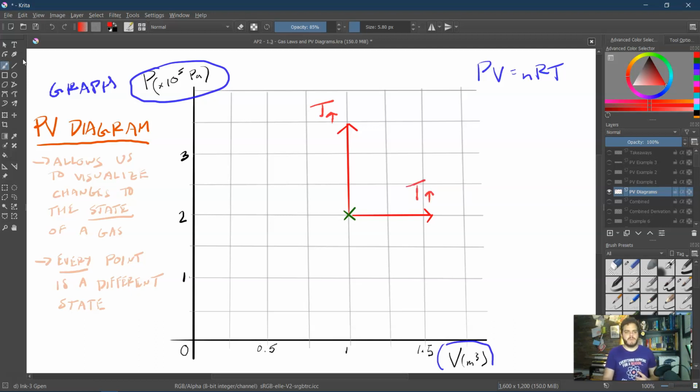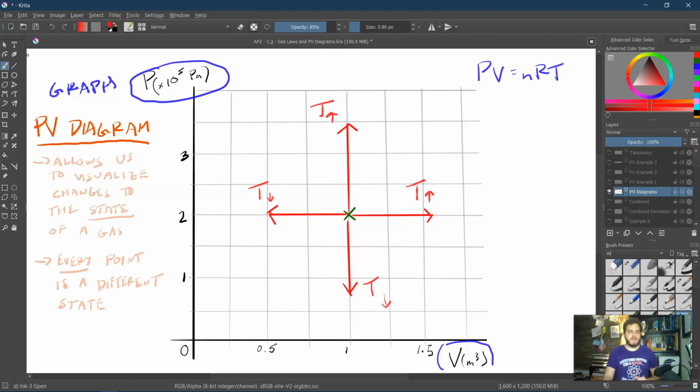Let's go the other direction. Let's say I go from here this way, and now the volume is decreasing, the pressure stays the same, so now temperature goes down. And if I go downward from this point, the volume stays the same, but the pressure decreases, so the temperature decreases.